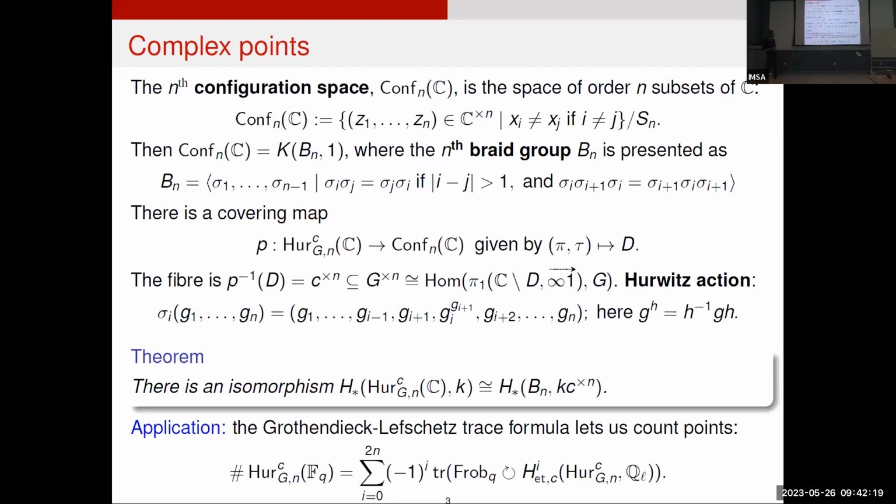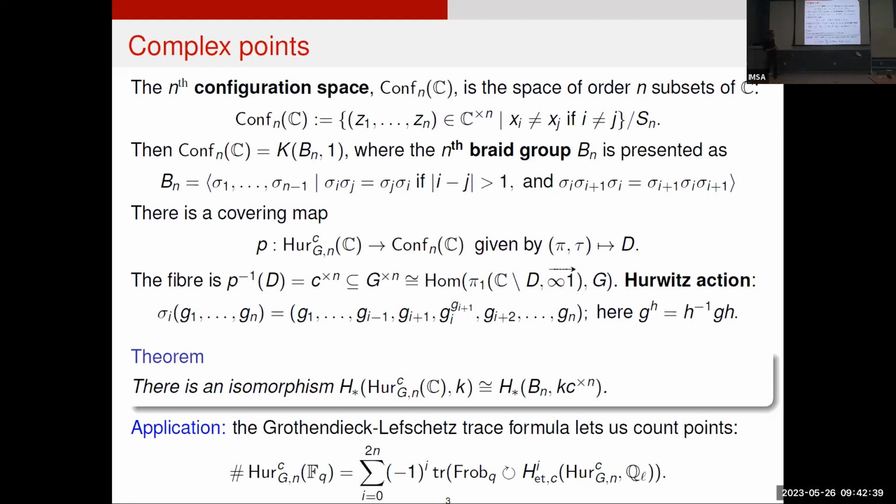It is isomorphic. But because this is an algebraic variety, that in this case is defined over F_q bar, it carries an action of the absolute Galois group of F_q bar, and one can compute the number of points as the alternating sum of traces of the action of the generator of the Galois group, Frobenius.